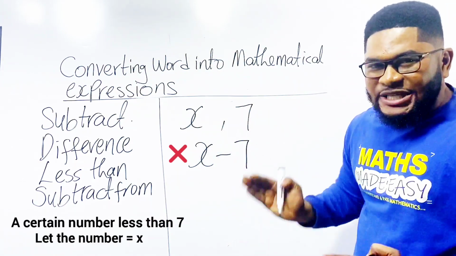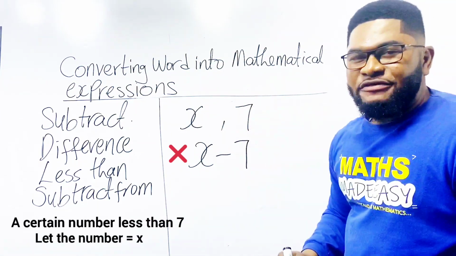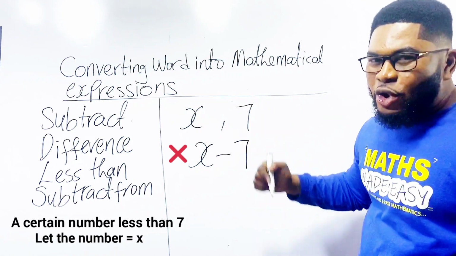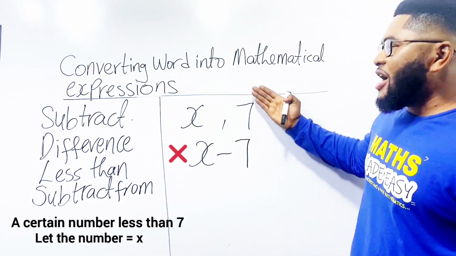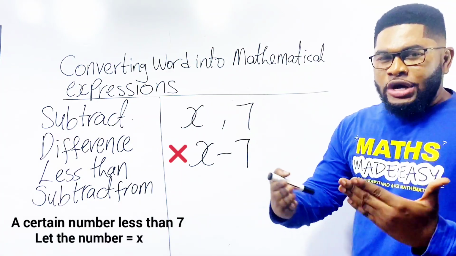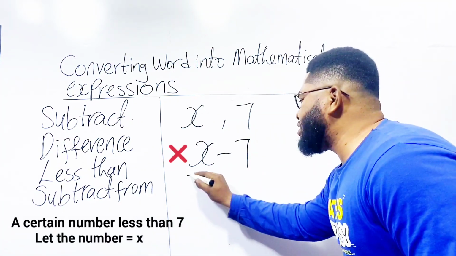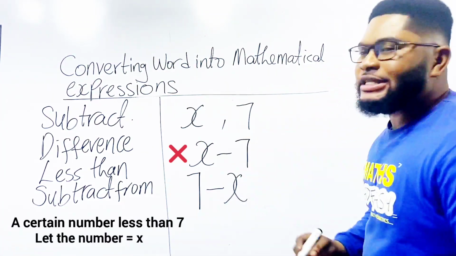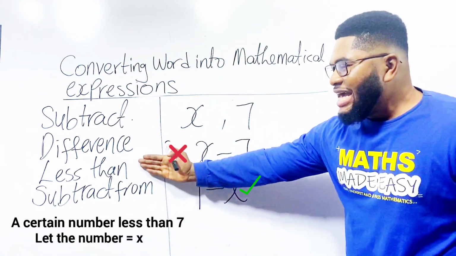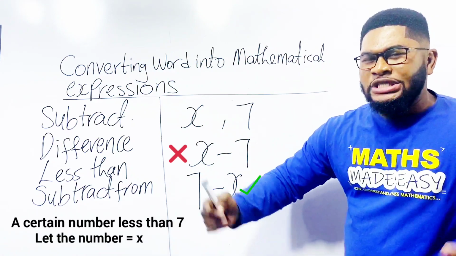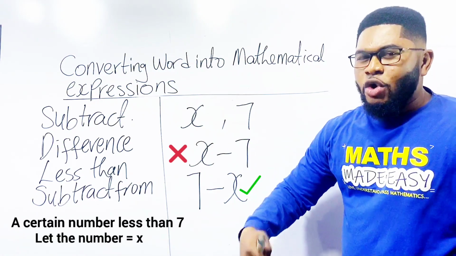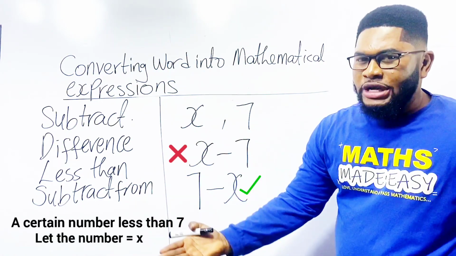The bigger value will be 7, which simply means that 7 is greater than x. So the right way to subtract will be 7 minus x. Please don't forget, under less than, just interchange the position of the values in the word statement, the word problem or the story that they just read.